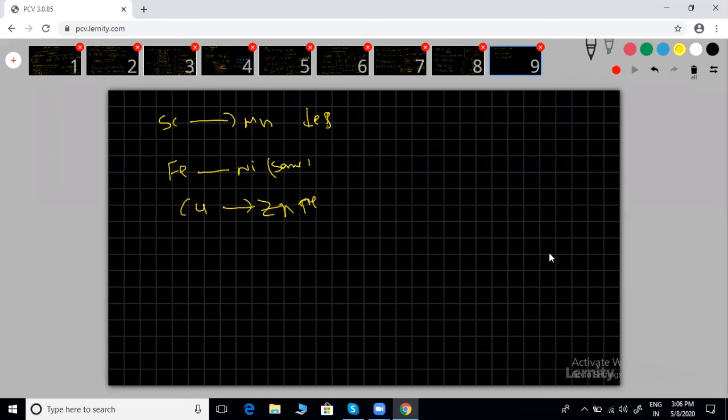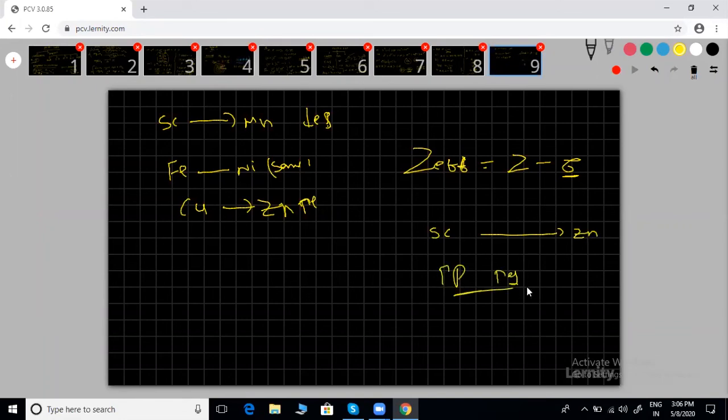So can you explain the reason? Very simple, it is Z effective only. The more the sigma value, the lesser the Z effective. From scandium to zinc, the number of protons increases as well as the number of electrons.